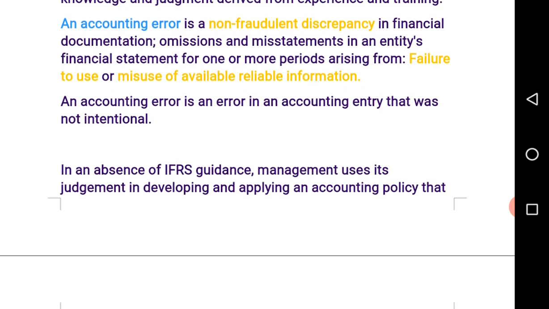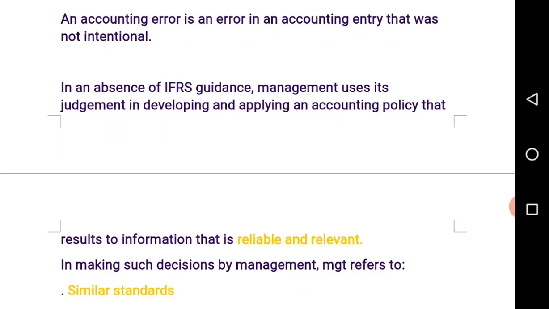In the absence of IFRS guidance, it says management uses its judgment in developing and applying an accounting policy that results in information that is reliable and relevant. And it's trying to tell us that when there is no IFRS guidance on a particular treatment, the management is free to use its judgment in applying a policy.